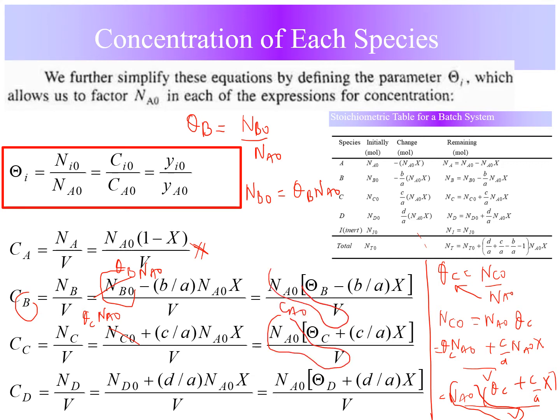This one also repeats: theta D is equal to ND naught over NA naught, so ND naught equals theta D times NA naught. Just replace this and then simplify it.